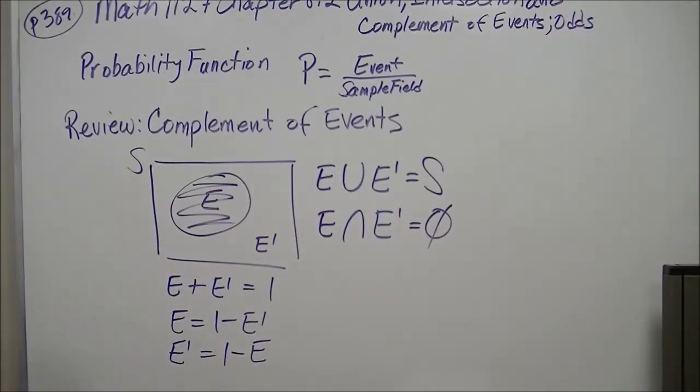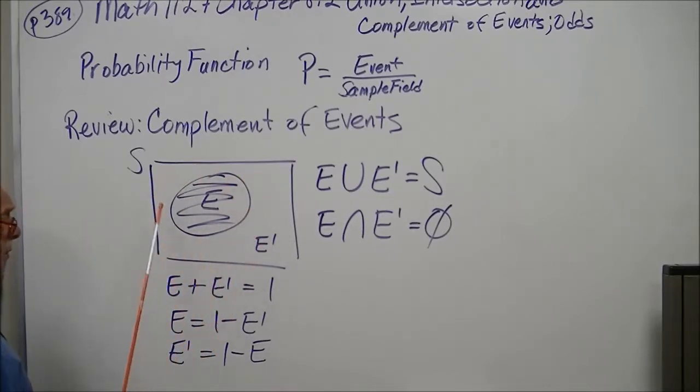Again, I feel it's a good use of time to do review. So one of the things we mentioned earlier was the complement of an event. So here is our sample field.